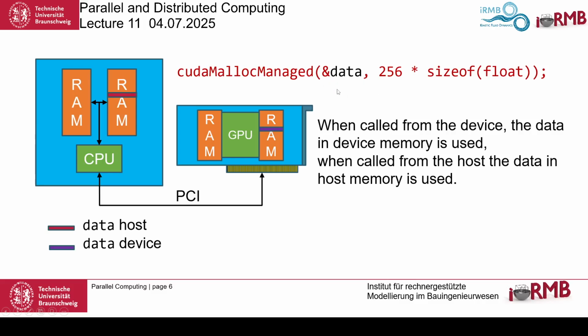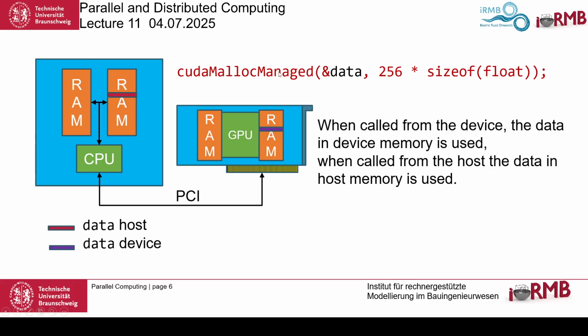So you need to care about this, because if you don't, it will go wrong. If you have non-managed data, of course you have to use the correct pointer. If you call it from the host, then you have to get the pointer on the host. If you are in the device, you have to get the pointer on the device.